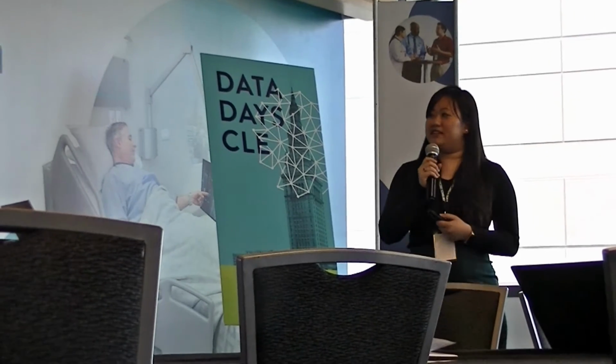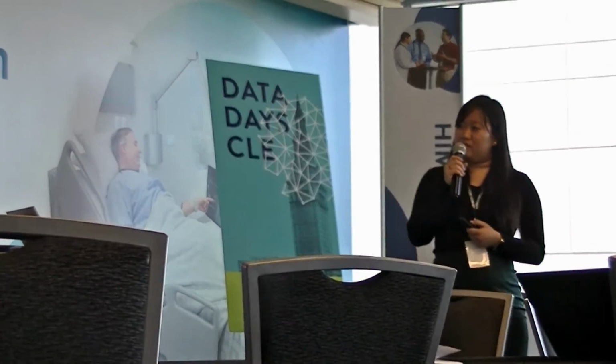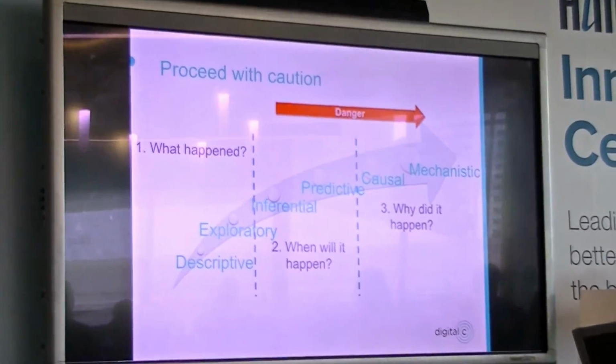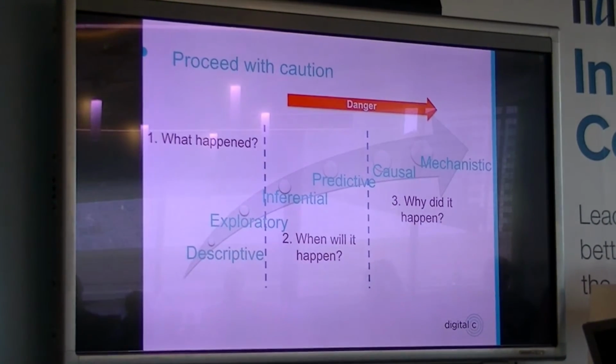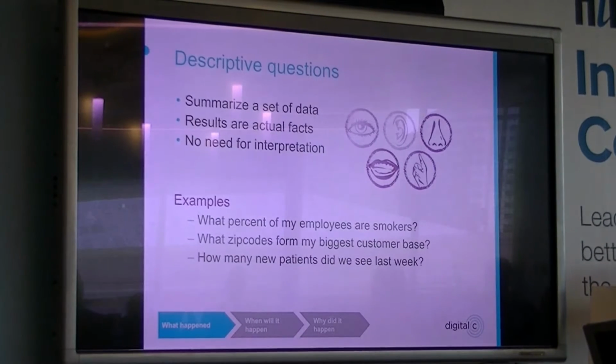That's kind of where the danger is, because it's much more difficult to explain why something happened or under what conditions it's going to happen than just what happened.